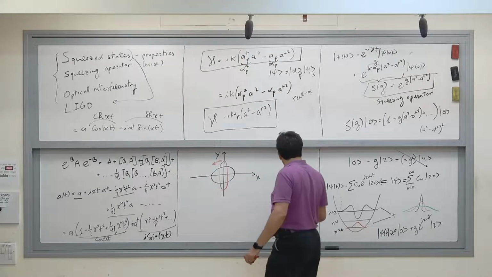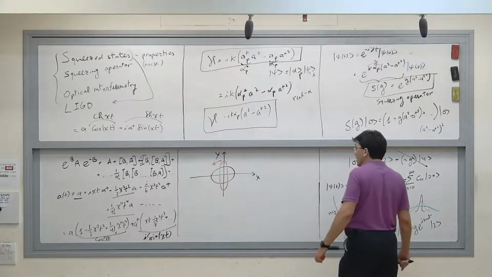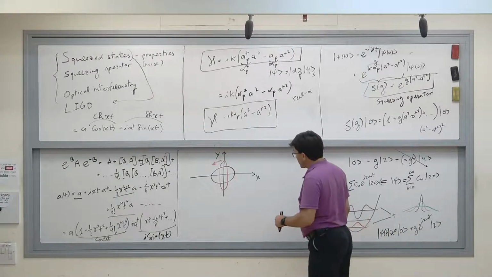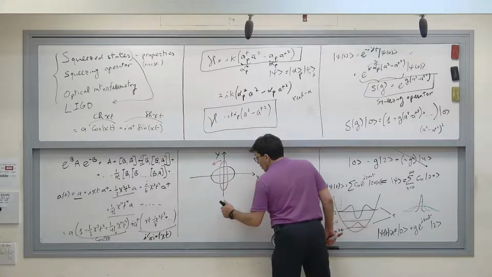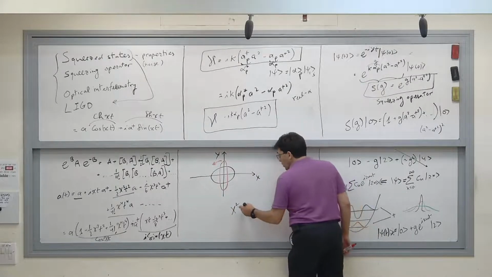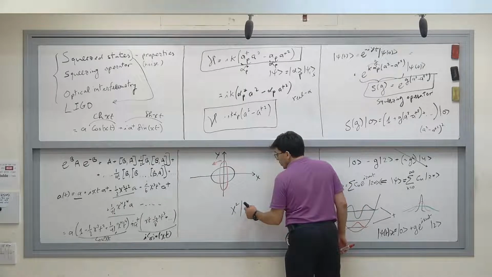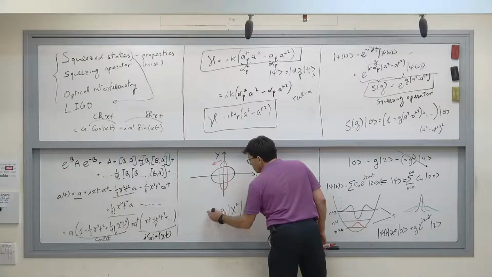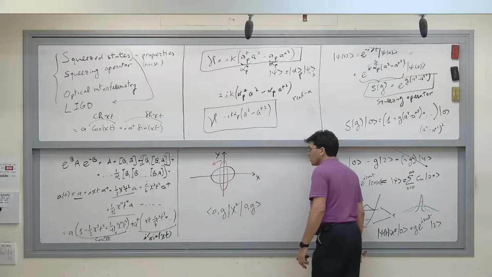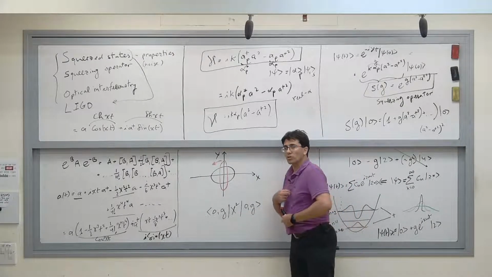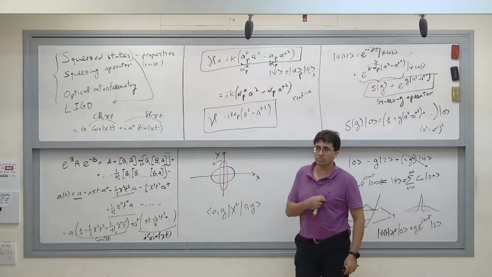For example, if I ask myself regarding that state, and we will do that soon, what is x squared when we operate it on, let's mark it like this, what's the average uncertainty of x when we operate it not on vacuum, but on squeezed vacuum?